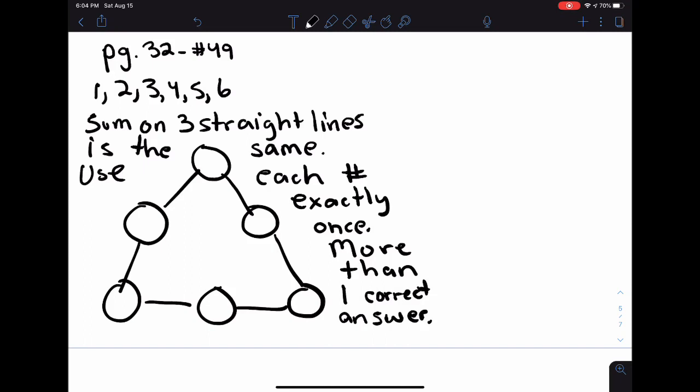All right. So I went through. I read the problem. And then I started working on organizing my information. And I was like, okay, so what can I do? What do I need to organize?